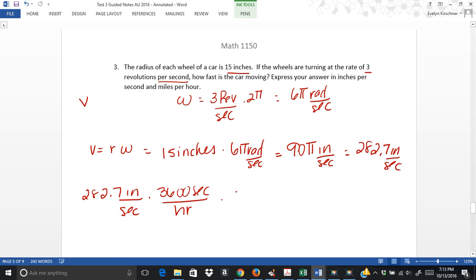And I have 1 foot is 12 inches. And 1 mile is 5280 feet. So I multiply all that through, and I get 16.1 miles per hour.